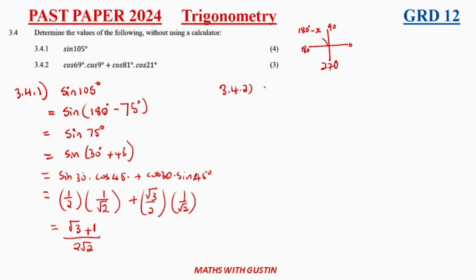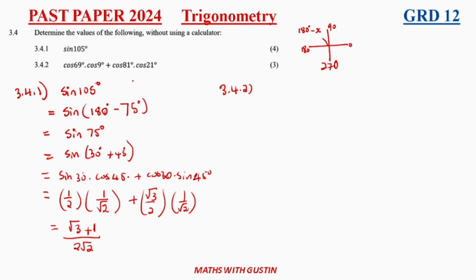3.4.2. All right, 3.4.2, guys. If you have a look at this question, look at this question, guys. This is an expansion. If you look at it, it is an expansion of these two angles here.